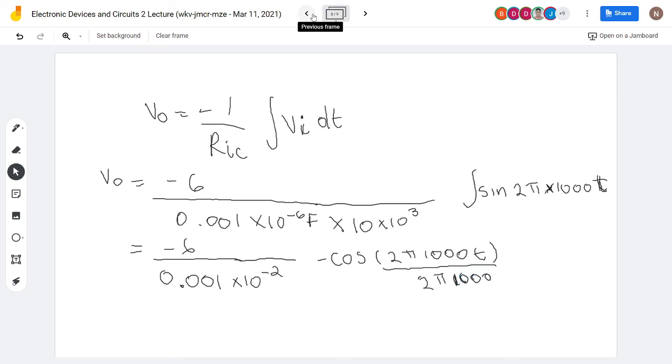Okay. So now we can simplify the voltage. First thing, we get a value. This is going to be a positive, because minus times minus is a positive cos.